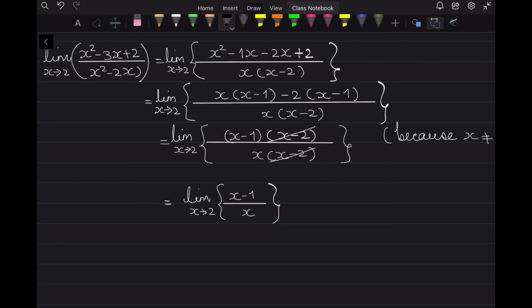We can see that x is equal to 0 is the only point where this expression is not defined. Because if we put x is equal to 0 here, this expression will be division by 0, which is not possible. So which means for the rest of the real numbers, this expression is defined. So it is also defined at x is equal to 2. That means x is equal to 2 is in the domain of this rational function.